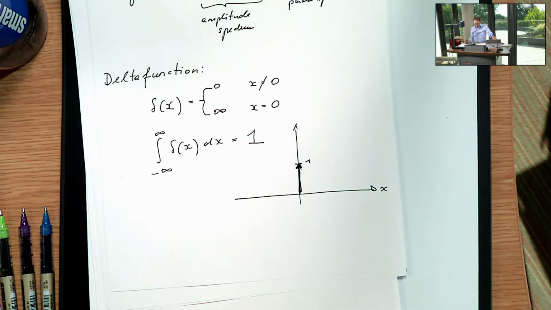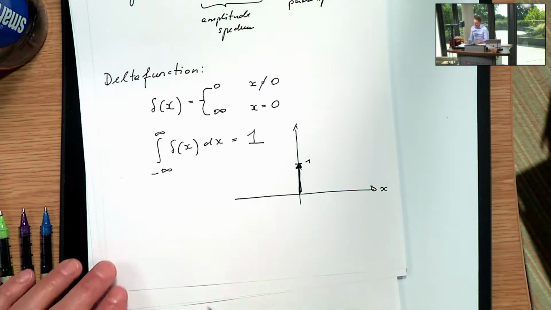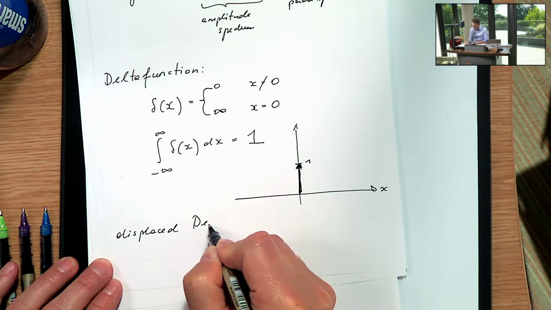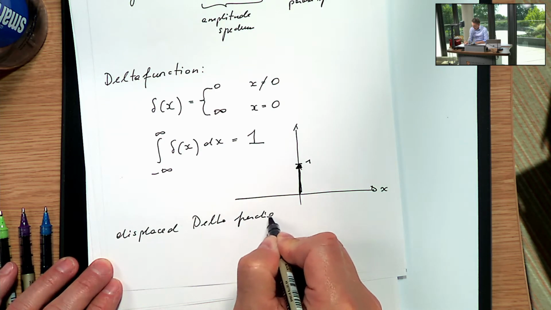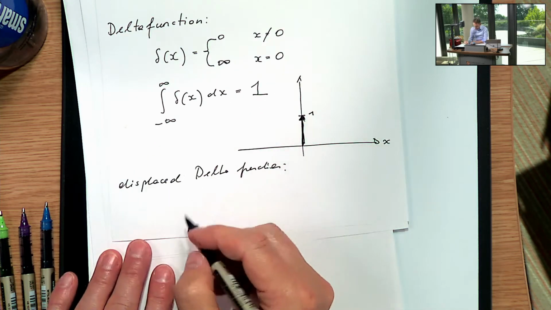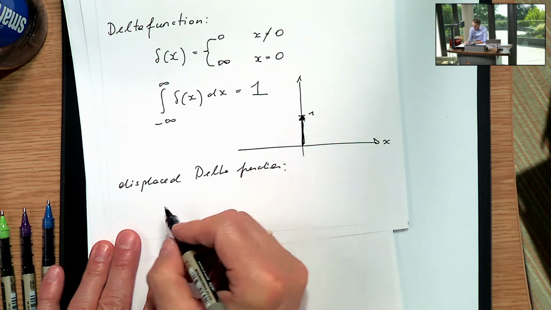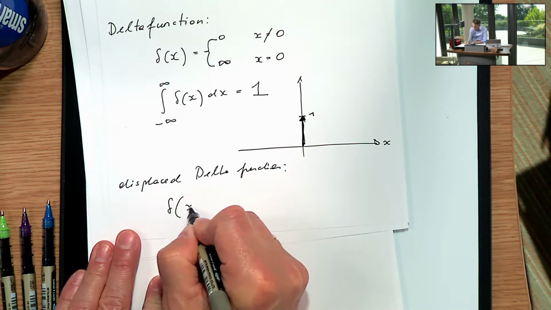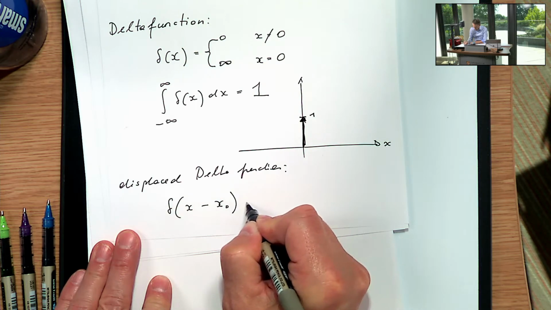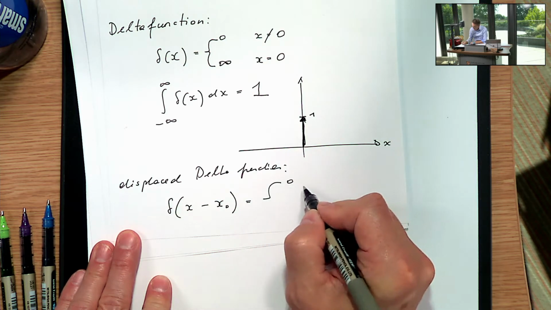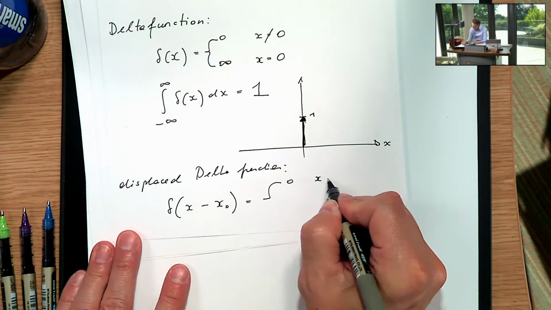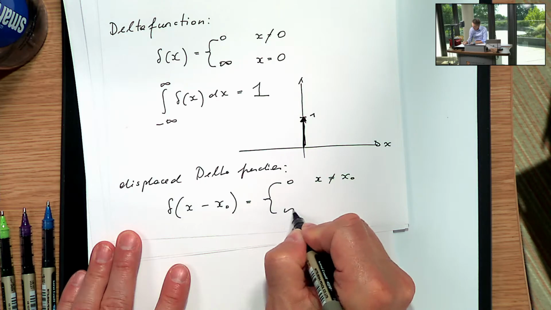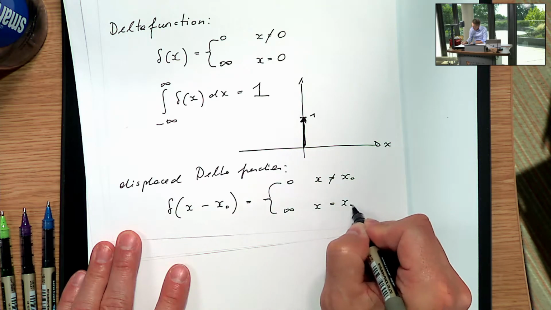And then you can get a displaced delta function, or shifted delta function. So the shifted delta function, if you shift it by an amount x naught, delta of x minus x naught, is equal to 0 when x is not equal to x naught and is equal to infinity when x equals x naught.